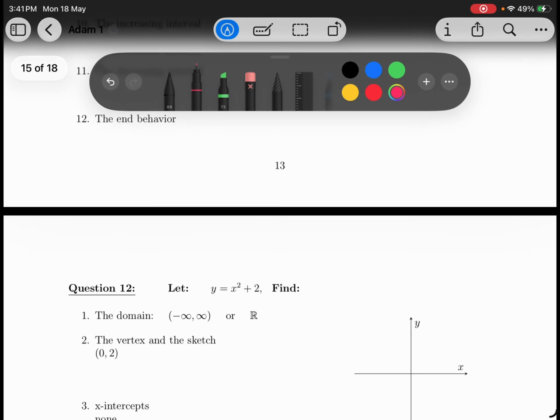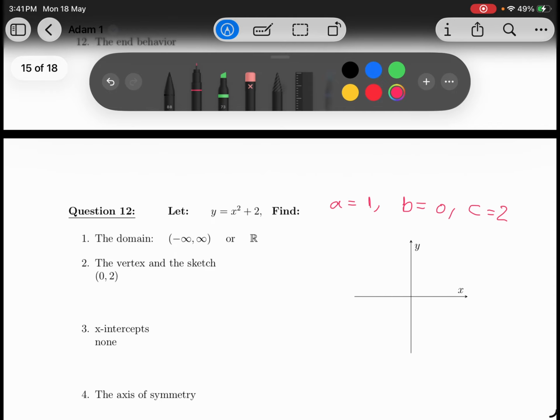Okay, here guys I have this x squared plus 2, so this is very nice. What I have here is a equals 1 and there's no x, so b equals 0 and c equals 2. It's special because the middle term coefficient is 0, there is no x, it means b is 0.